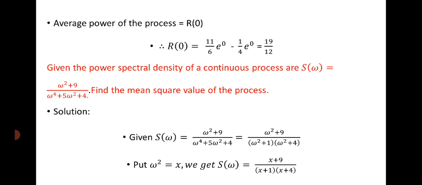In the denominator, if we factorize omega power 4 plus 5 omega square plus 4, we'll get omega square plus 1 into omega square plus 4. Next, you just replace omega square equal to x. Therefore, we get S of omega equal to x plus 9 divided by x plus 1 into x plus 4.